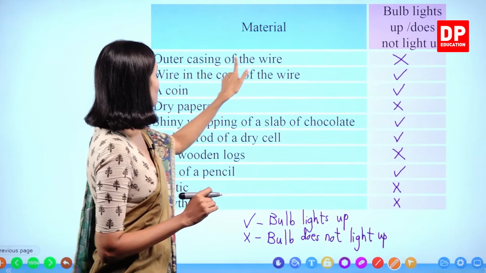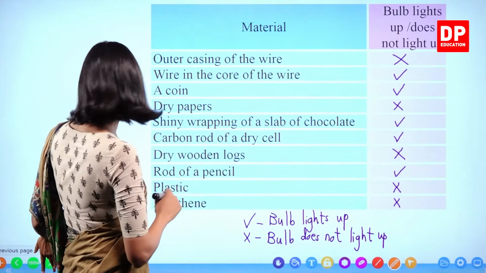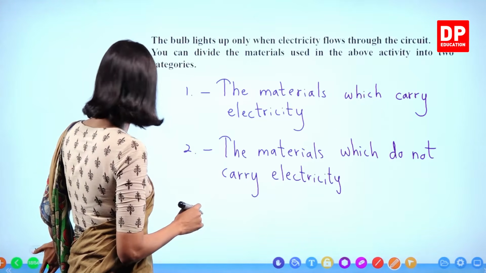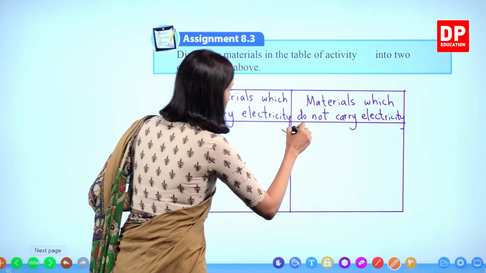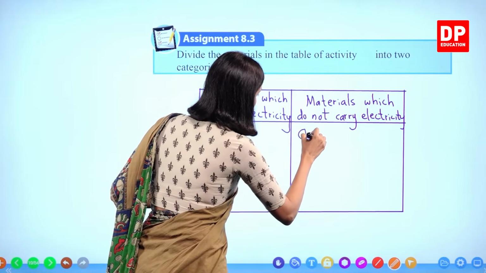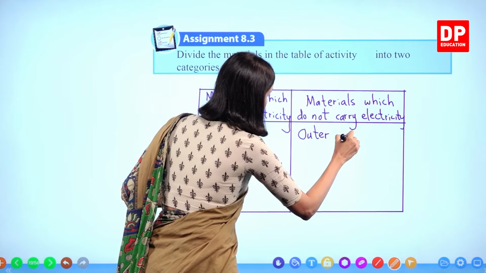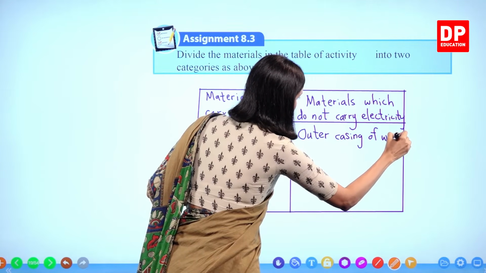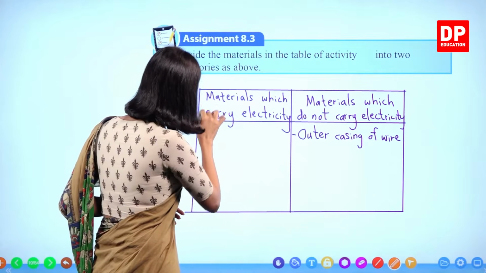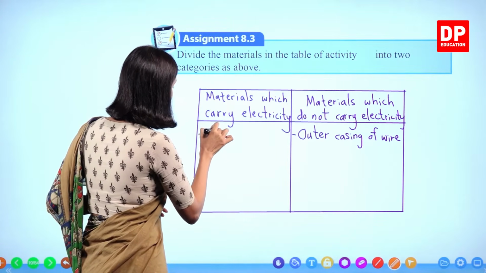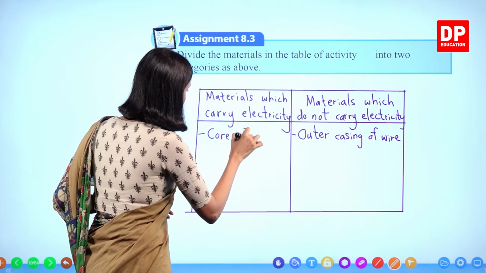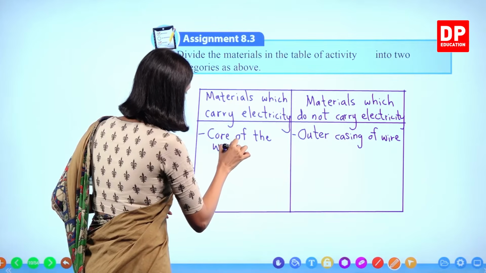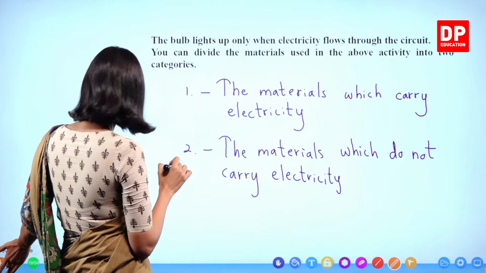So outer casing of the wire goes to the materials that don't carry electricity, right? Outer casing of wire. The core of the wire goes to materials which carry electricity. Core of the wire. Okay? What else, children?